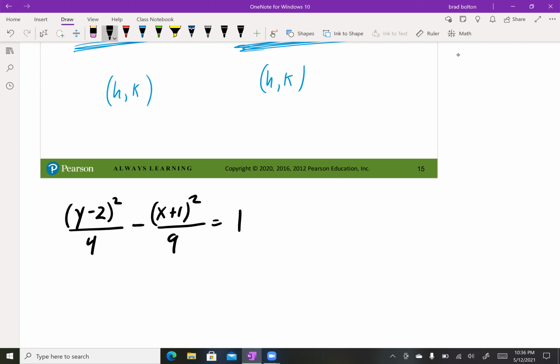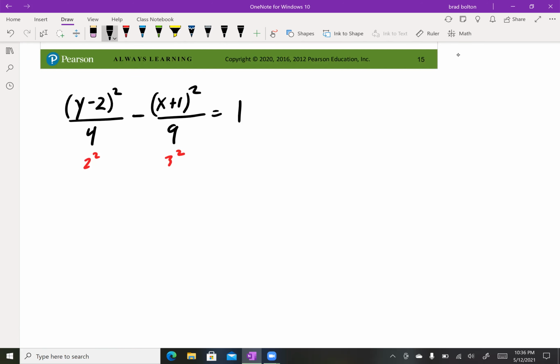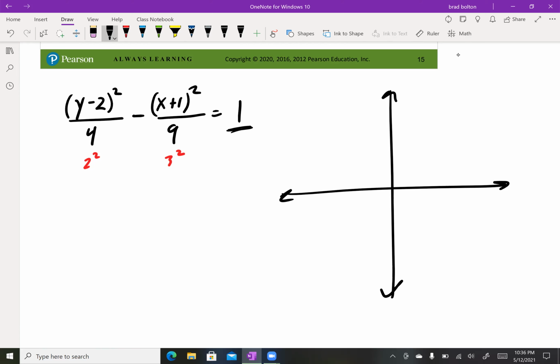So we know that this is really 2 squared and this is really 3 squared. So let's try to test out and see if we can make one of these. The first thing we want to do is double check we have it equal to 1, right?